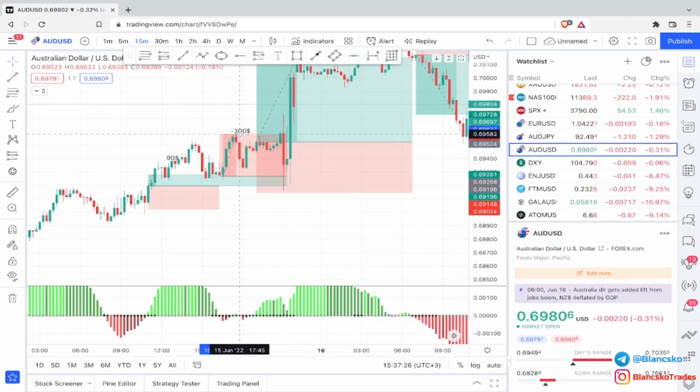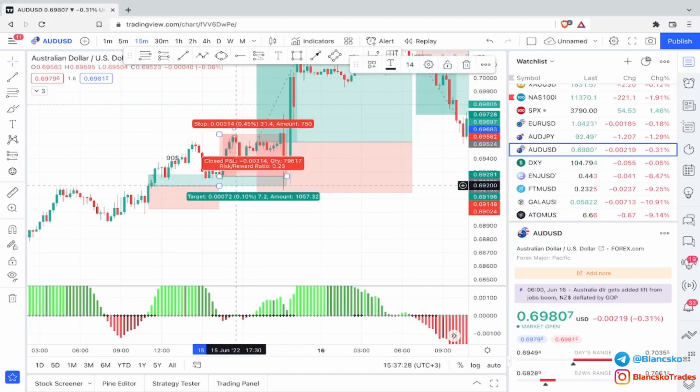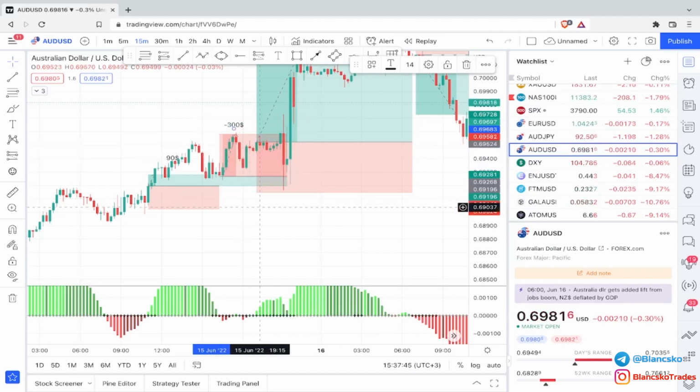And then we can see we would have printed a green candle right here. So you would have entered right here on this candle, but you would have closed out right around here on this candle. So this would have been another $200 loss. You understand what I mean?